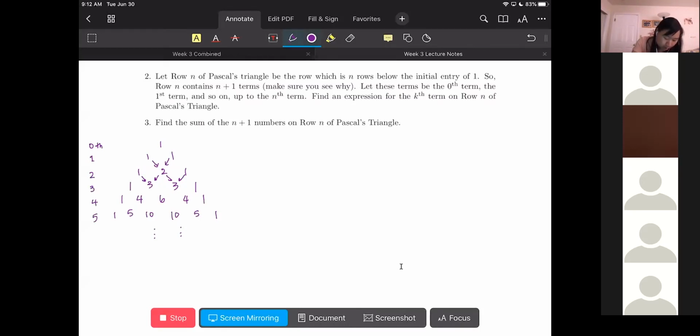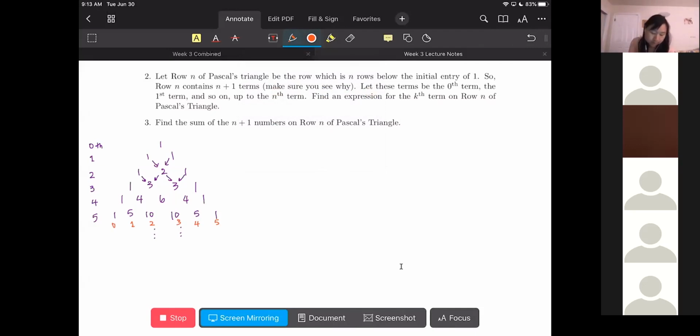And then we call the terms, let's call this the 0th term, first term, second term, third term, fourth term, fifth term. And so for row n, we have n plus 1 terms. Everyone see why that's the case?